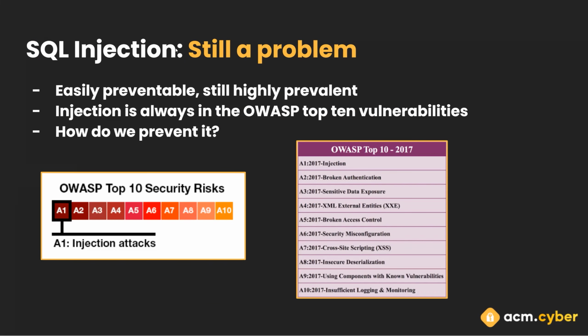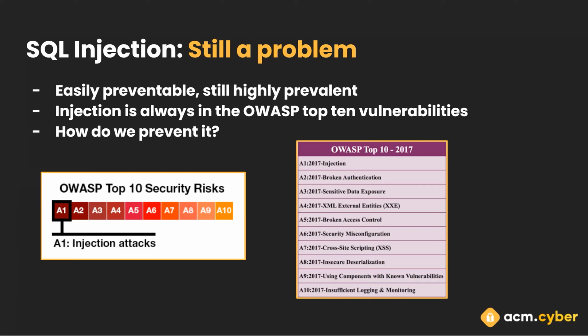So we've seen how SQL injection works, and it doesn't seem too difficult, at least what we've shown. We've kind of scratched the surface, but the general idea is the same. So it seems easily preventable. However, it is still extremely prevalent. It's commonly on the top 10 OWASP security risks.